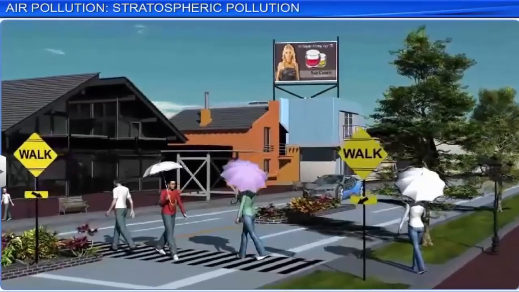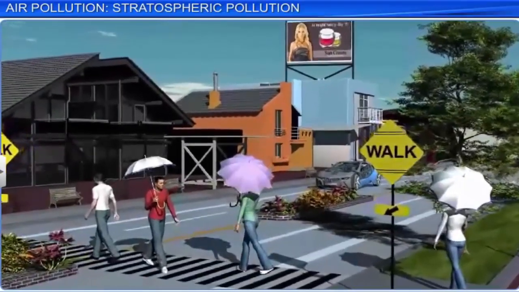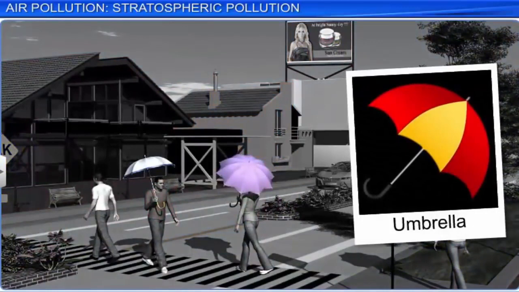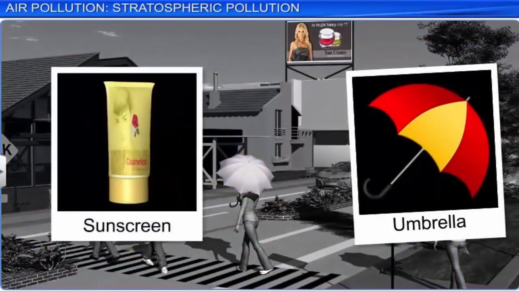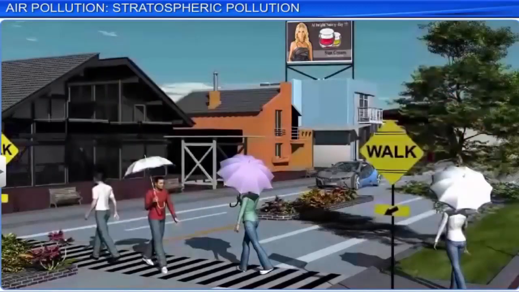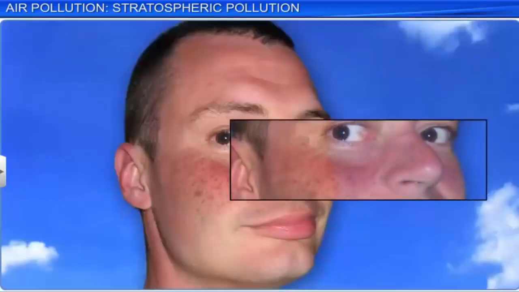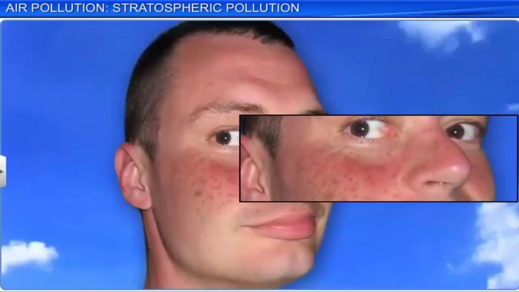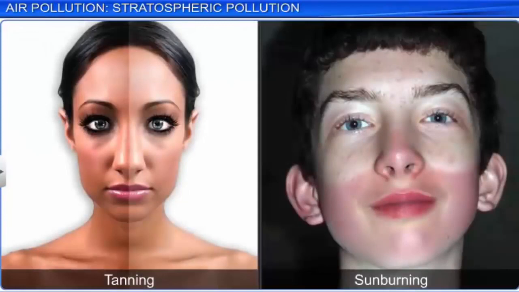On a sunny summer day, we usually carry an umbrella or use a sunscreen. Do you know why? It's because, to an extent, we all can see the harmful effects of the sun's rays. The tanning and burning of the skin are the effects observed normally.